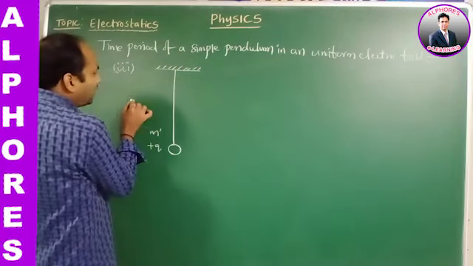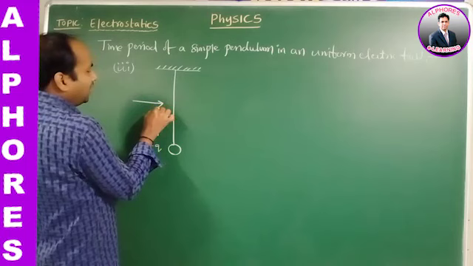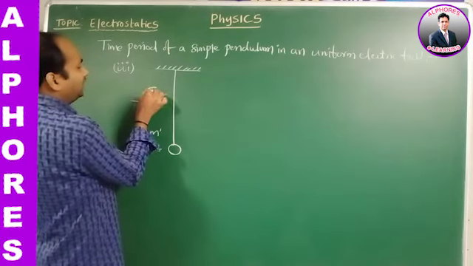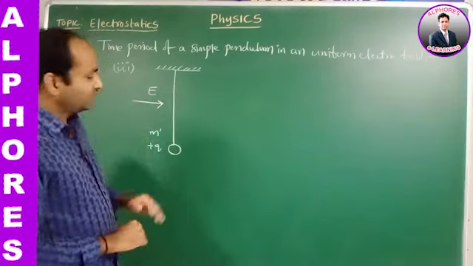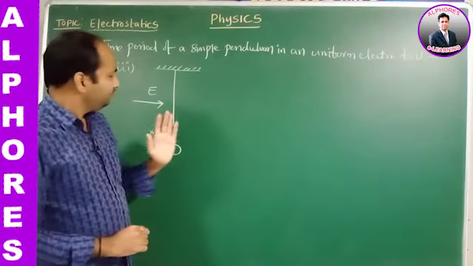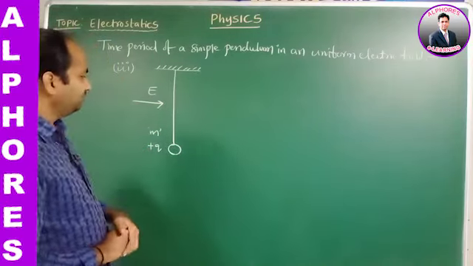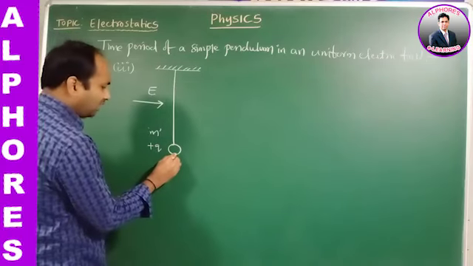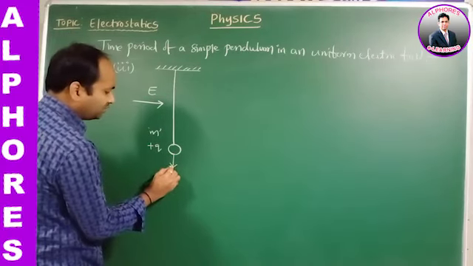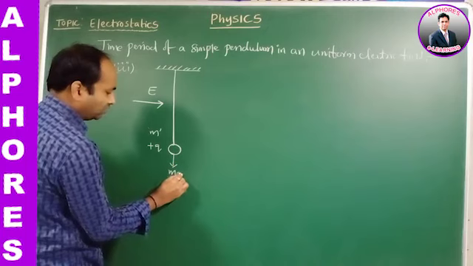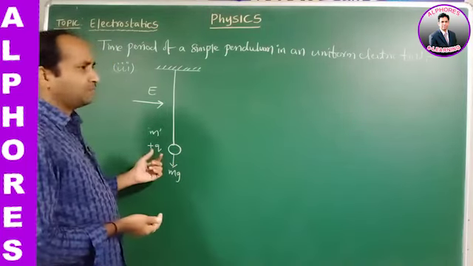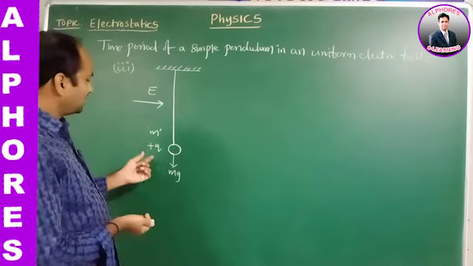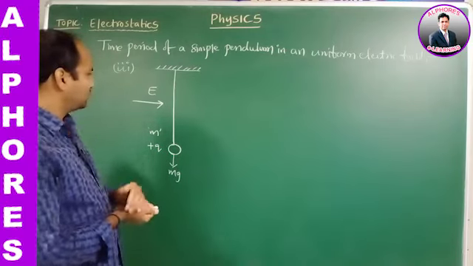But here an electric field is applied along the horizontal direction, towards the right side. If m is the mass, mg acts vertically downwards, and the charge given to the sphere is plus q.